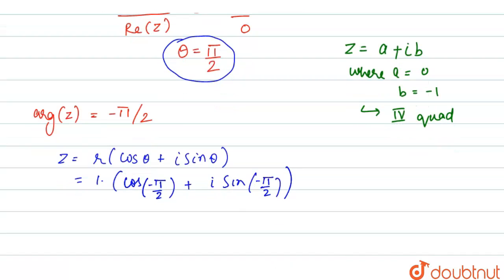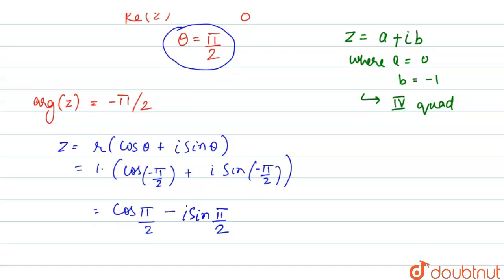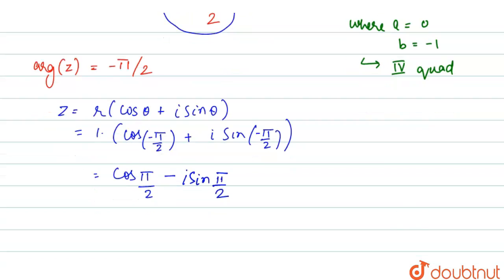Cos of minus pi by 2 is cos pi by 2, and sine of minus pi by 2 is minus sine pi by 2. So here the minus sign will come, minus i sine pi by 2. So in polar form, z equals cos of pi by 2 minus i sine of pi by 2.